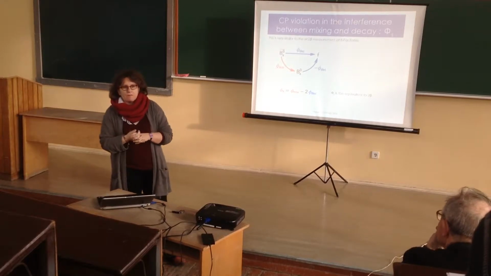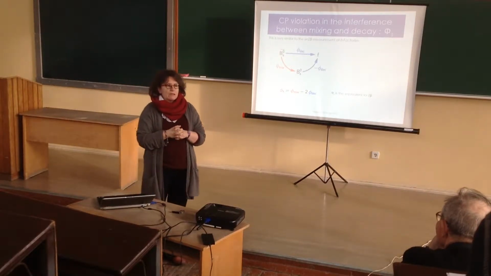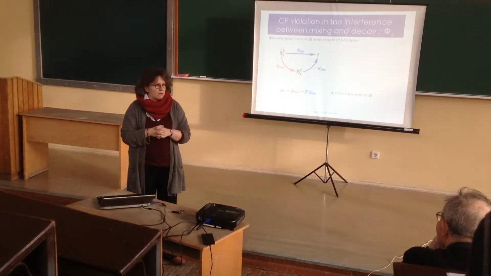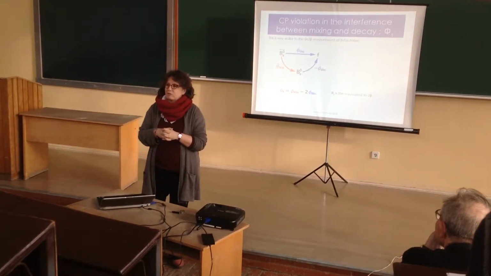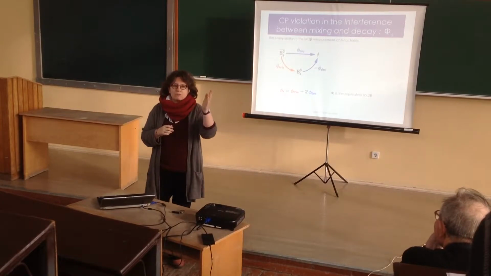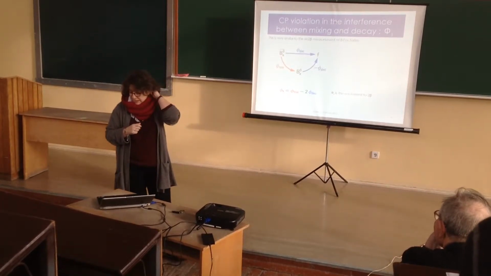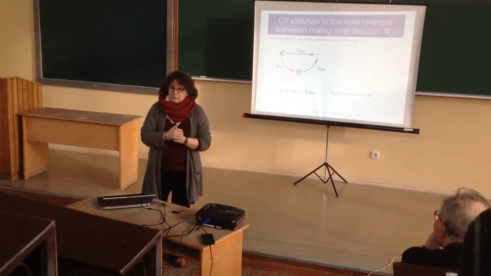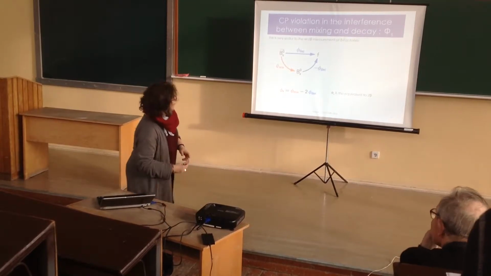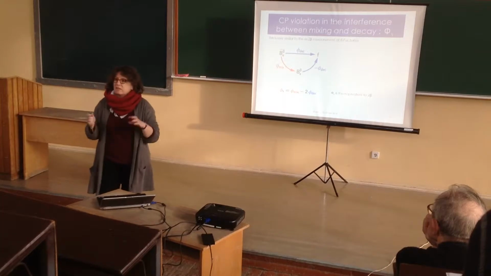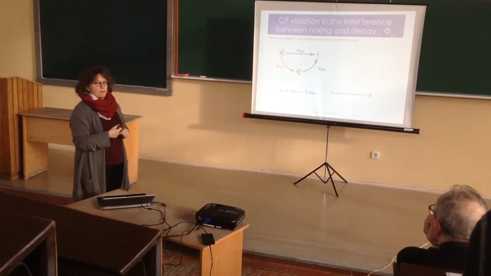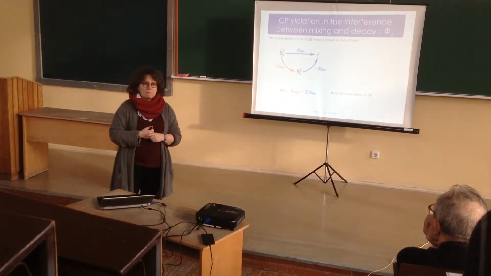They performed the first measurement of sin 2 beta, and Sergei was showing you how sin 2 beta is one of the angles of the unitarity triangle. What I'm going to describe this morning is the measurement of phi s, which is the equivalent of 2 beta, but for the B_s measurement.